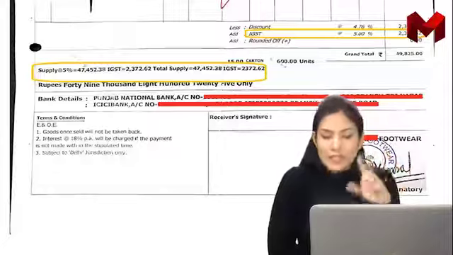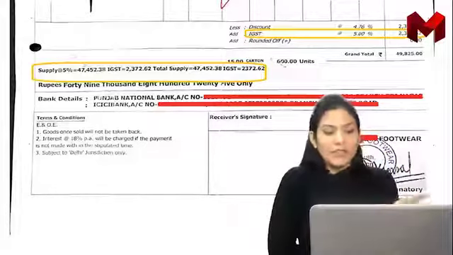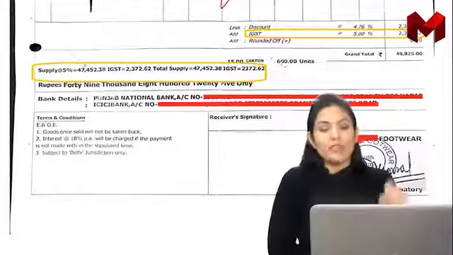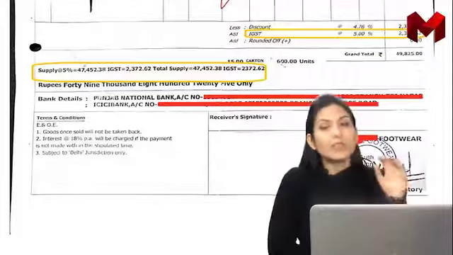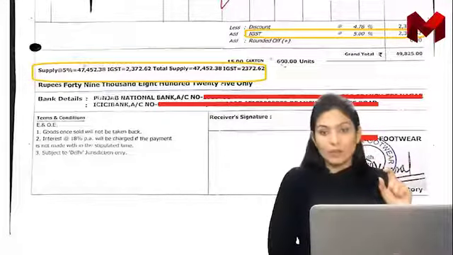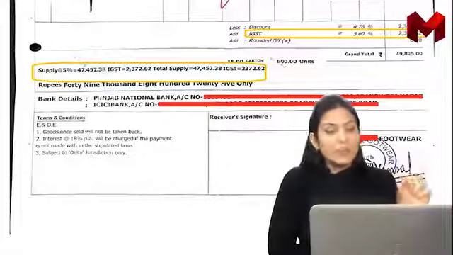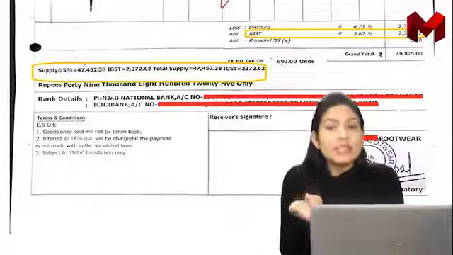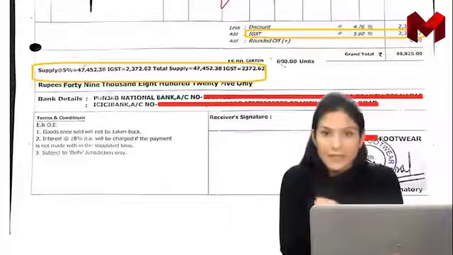So if we see on the bill, on the left side, supply 5% 47452. This is the format of the invoices. You need to write the complete taxable value. What is the taxable value over here? The taxable value is 47452.38, on which the GST rate is applied.